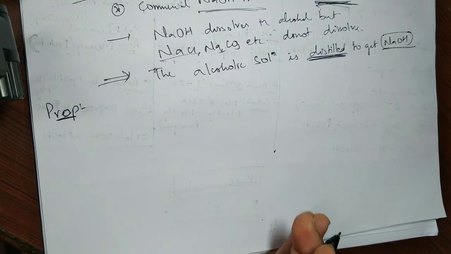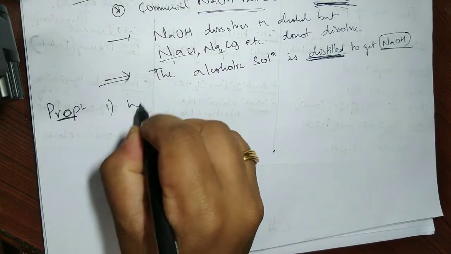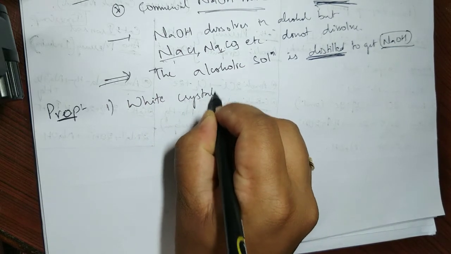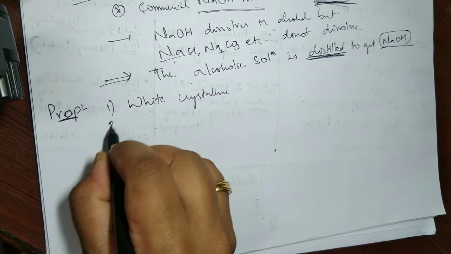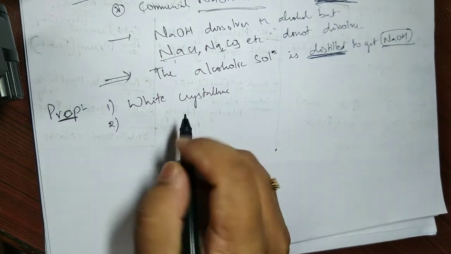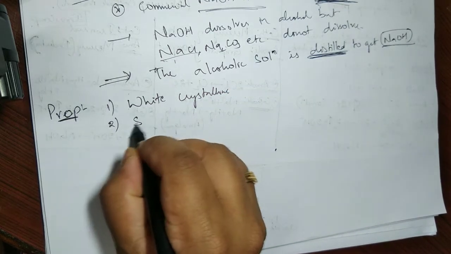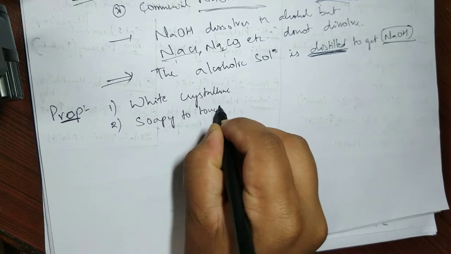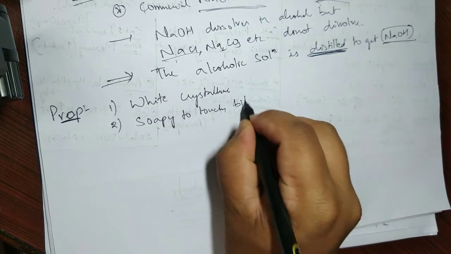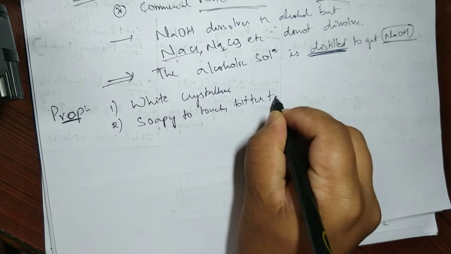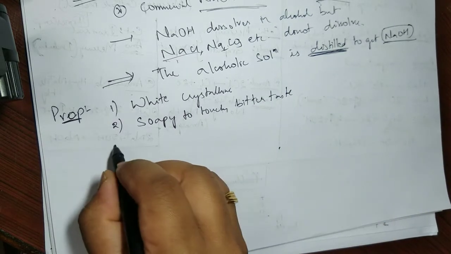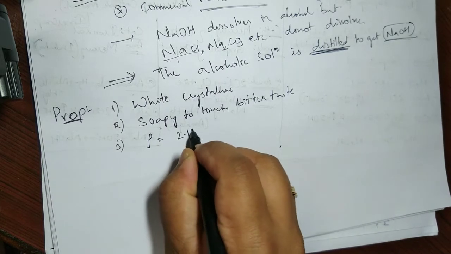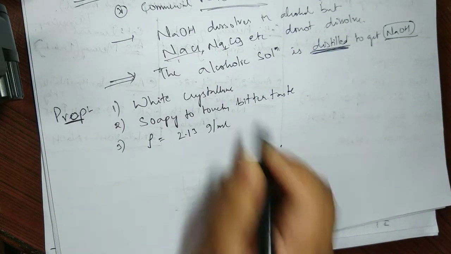Now coming to properties, as usual we begin with physical properties. It is white crystalline, we know this already, and it is soapy to touch. In taste, it is bitter. Then the third point, density: 2.13 grams per ml.